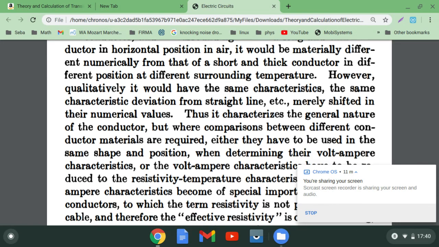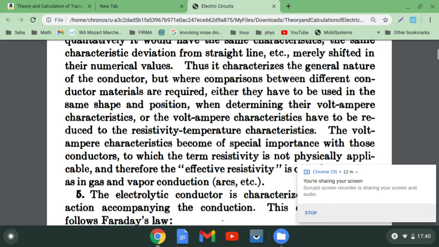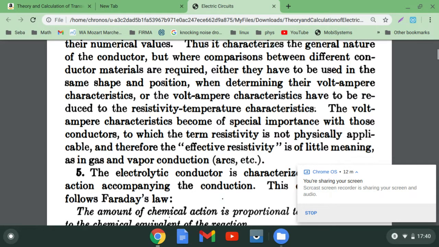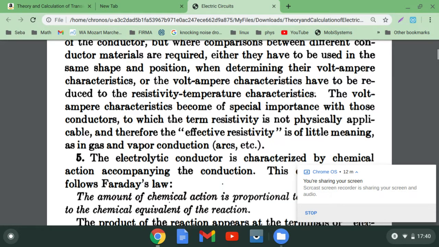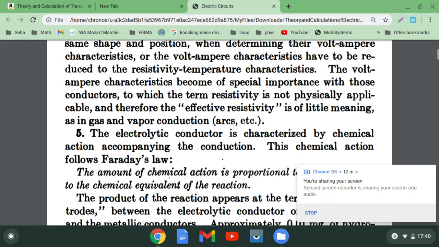However, qualitatively, it would have the same characteristics, the same characteristic deviation from straight line, etc., merely shifted in the numerical values. Thus, it characterizes the general nature of the conductor, but where comparisons between different conductor materials are required, either they have to be used in the same shape and position when determining their volt-ampere characteristics, or the volt-ampere characteristics have to be reduced to the resistivity temperature characteristics.